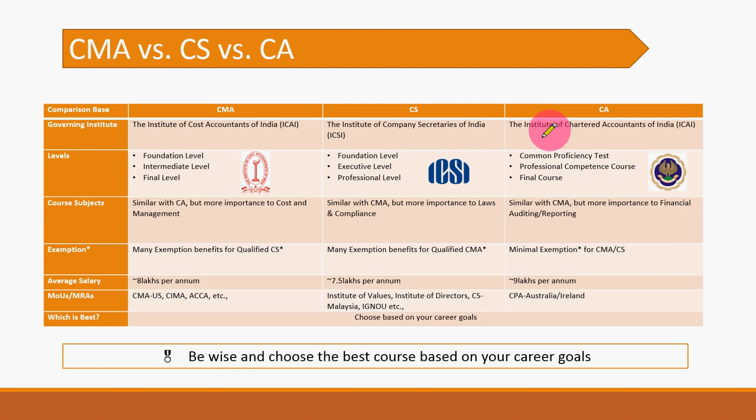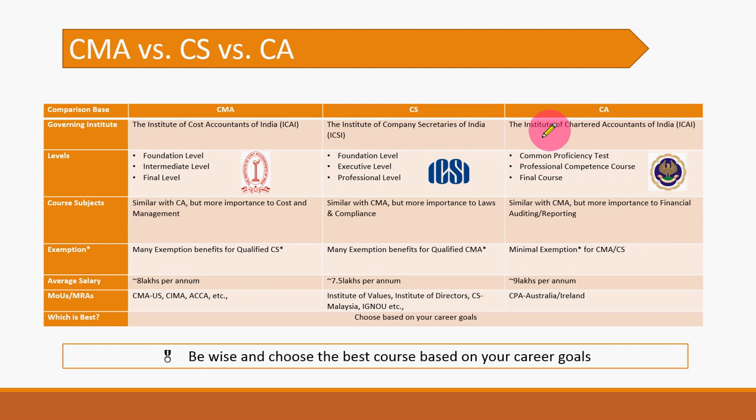Okay, so average salary. This is not a right number if you ask me. If you decide after pursuing these courses to continue your career in any of the MNCs or any organization, these are the rough estimated salaries which you'll be getting as a fresher.